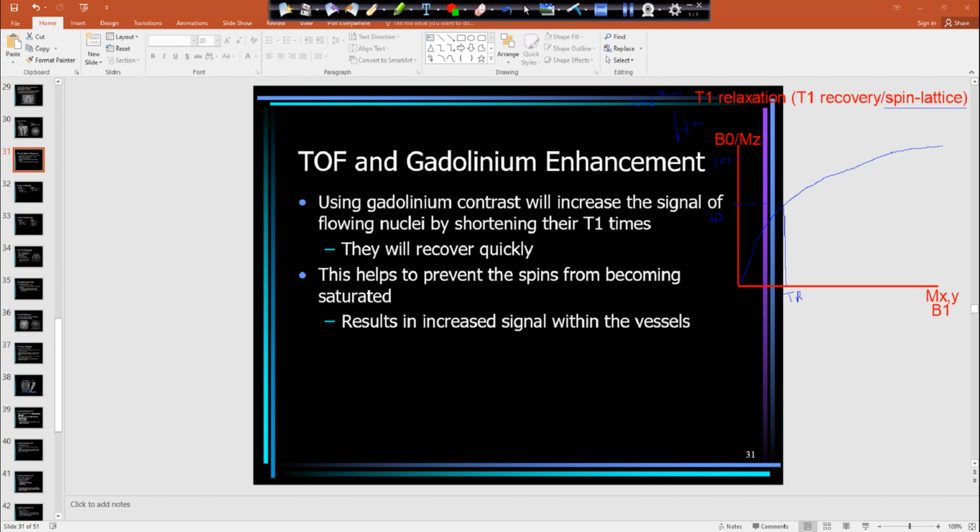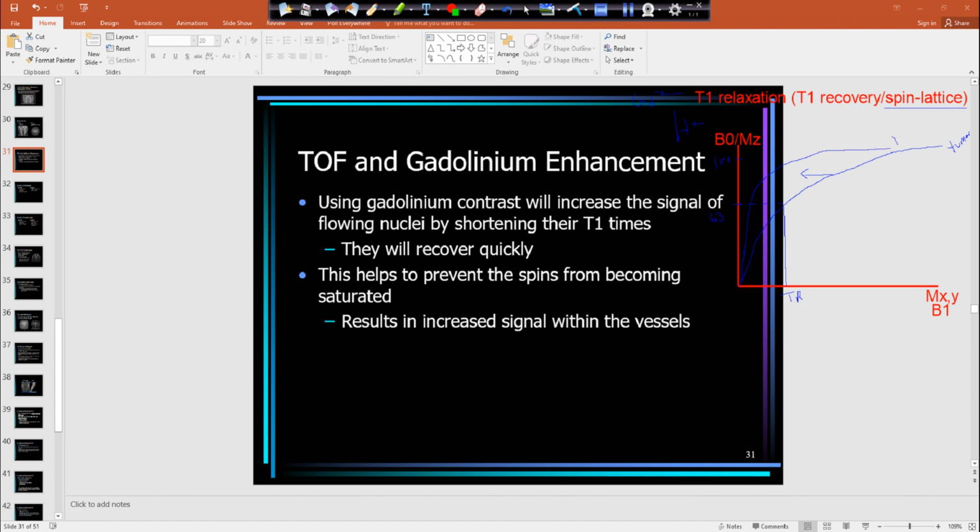So this tumor here that we couldn't see on a T1 pre-contrast, the contrast wasn't that much different from normal brain tissue, so it was hard to see. It was a gray, but it wasn't that bright. So what happens here is it shifts this recovery curve to the left. And now the tumor recovers a lot faster due to those properties of gadolinium.